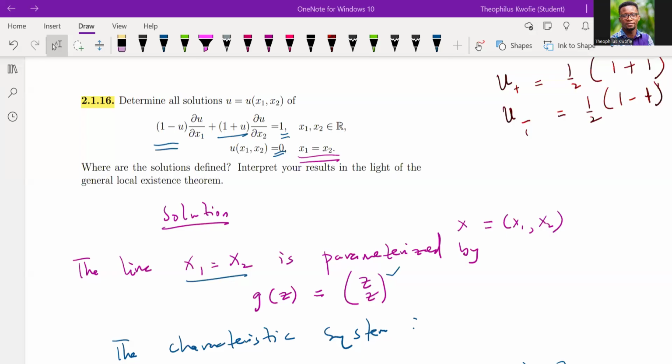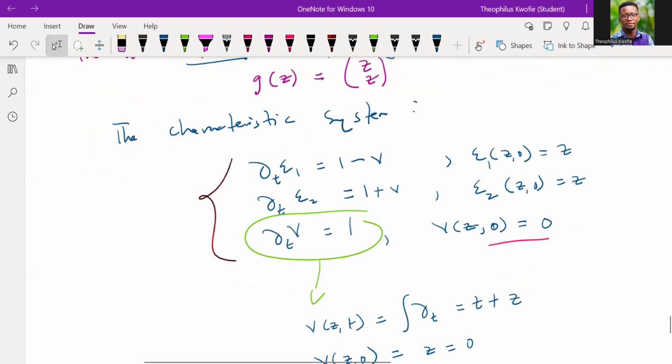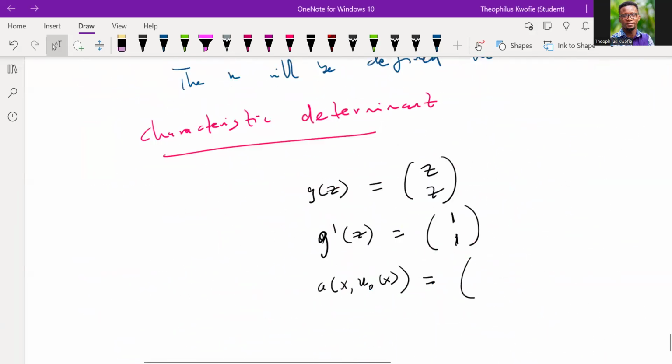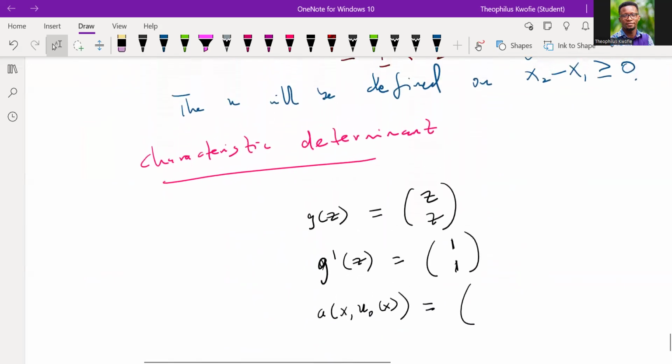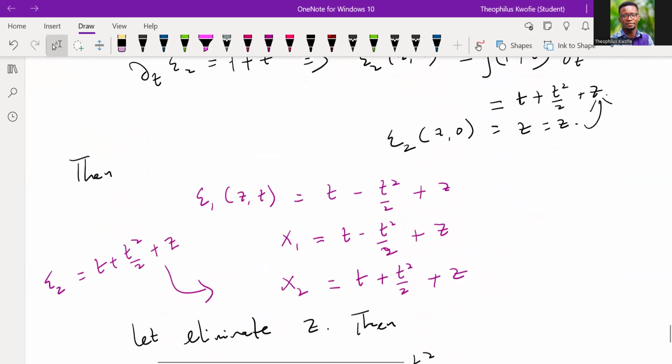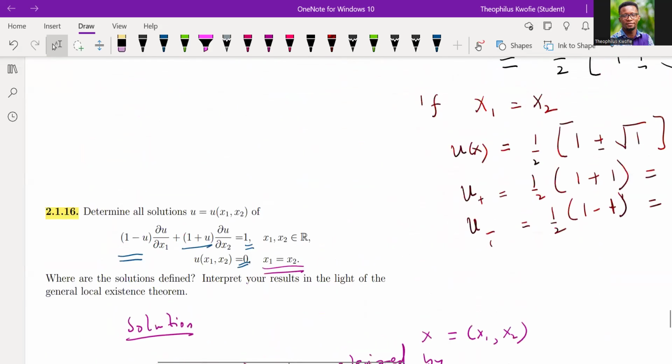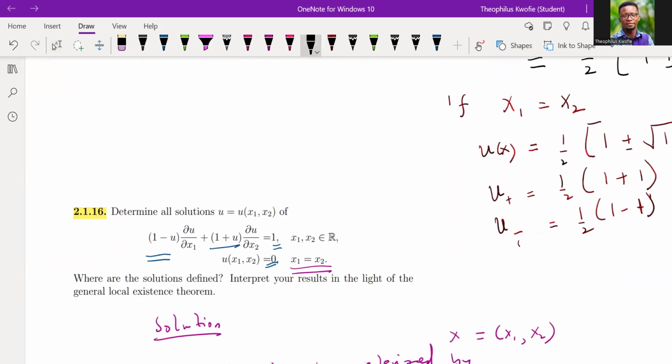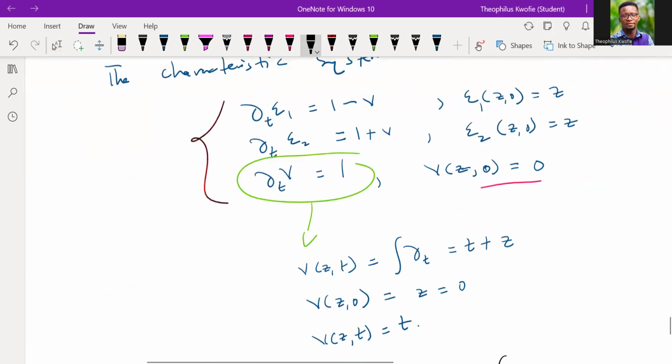So we have A of X. When we look at the A component in a given problem, we have this as your A's component, right? But we saw that your U naught was 0, so wherever you see U, just replace it by 0. So it means that we're going to have 1, 1 as our A's component.